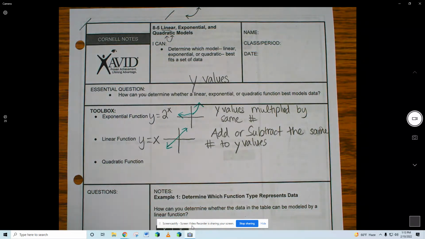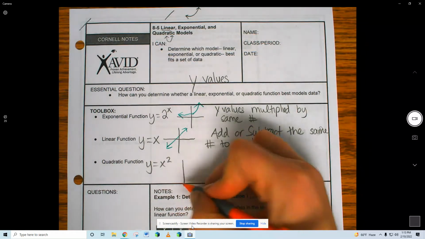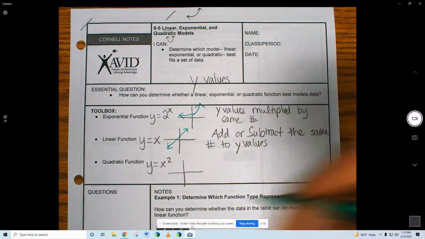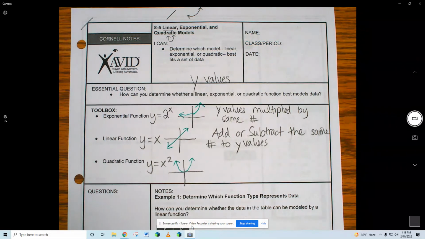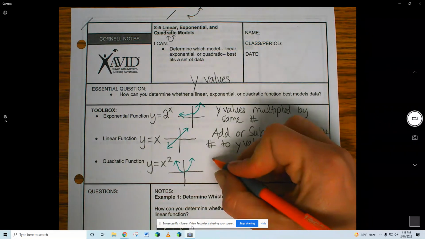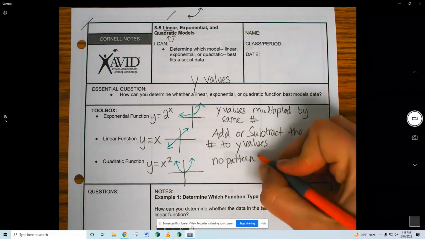All right. Quadratic function looks like this. Y equals x squared. It's a parabola. There's going to be no pattern in our examples today.